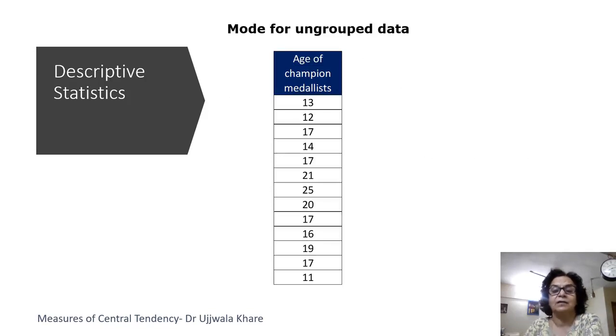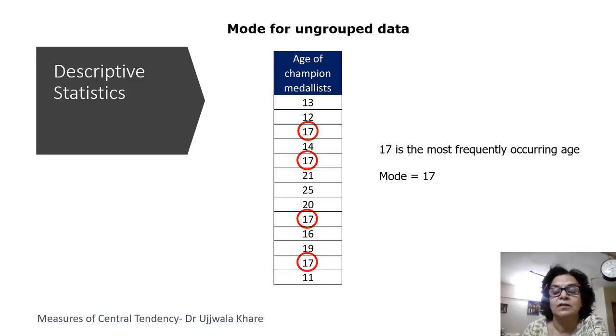Here we are taking the age of the champions who have secured medals, and we can see here 17 age is the maximum. So the mode is the frequently occurring age, so mode is 17. So for ungrouped data, simply you have to look at the value which is repeated the maximum, and that is the mode.